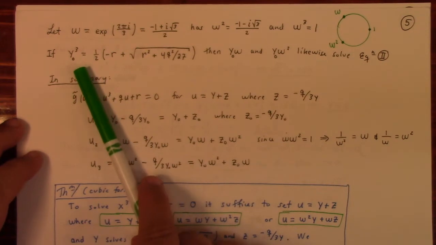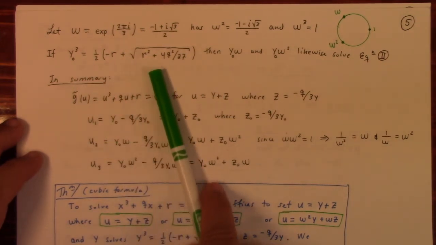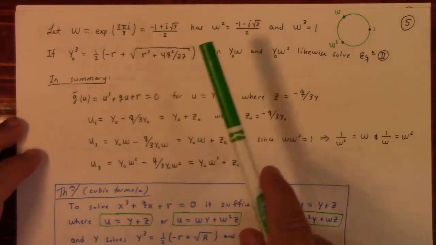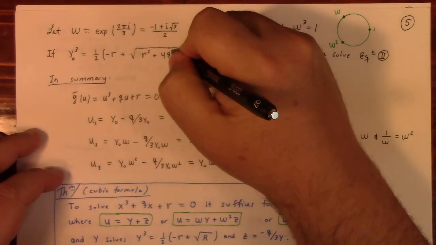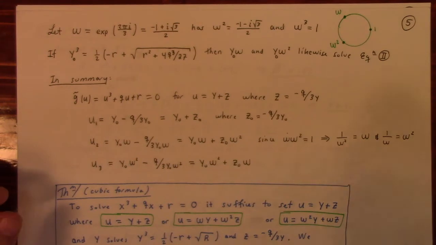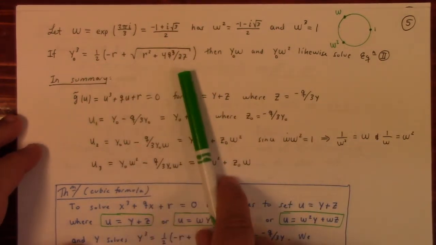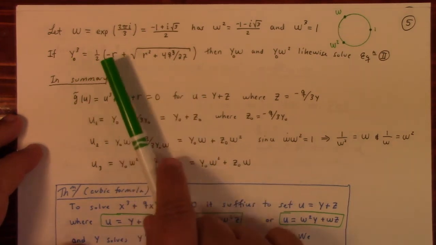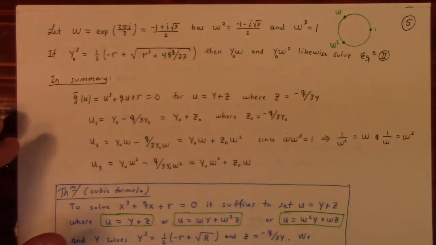Anyway, so if we have y naught cubed is 1/2 times minus r plus the square root of r squared plus 4 q cubed over 27. Watch out for that, I keep writing squared instead of cubed. Anyway, so we got y naught cubed, it gives us this, right? If that's the case, then if you multiply y naught by omega, or if you multiply y naught by omega squared, what happens?